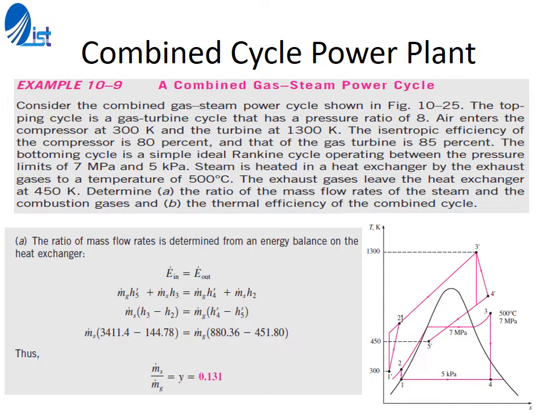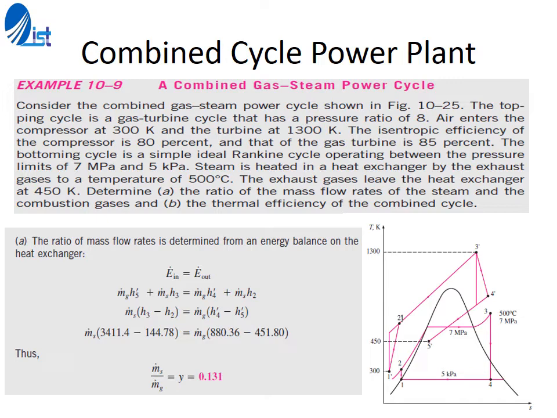The energy balance equation states that the energy flow rate at the inlet will be equal to the energy flow rate at the outlet. Here the gas enters at h5' at point 5 dash. So m dot g h5', this is for the gas cycle, plus m dot s h3, will be equal to m dot g h4' plus m dot s h2.